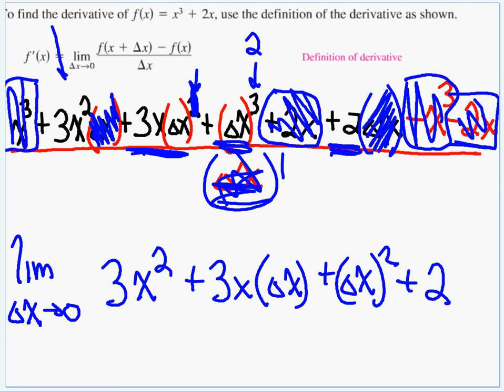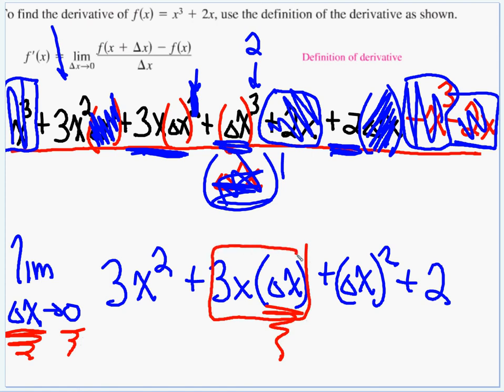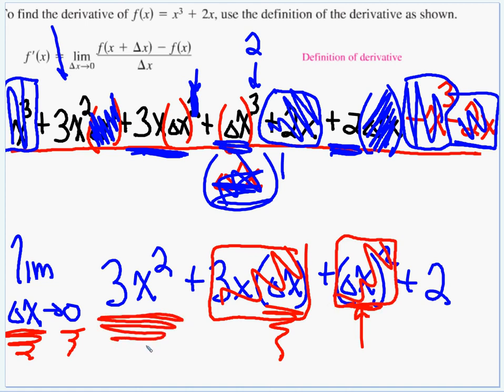Since our denominator is gone, it's safe now to do direct substitution. Let that delta x turn into a 0. So this delta x turns into a 0. That zeroes out this whole term. Gone. This will be a 0 squared. It's also gone. So what are we left with? 3x squared plus 2.